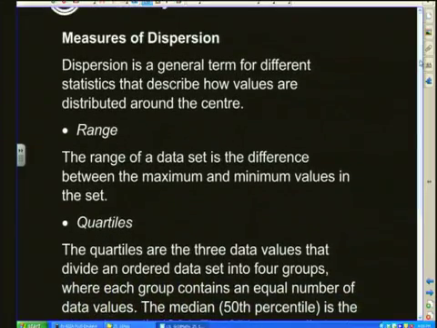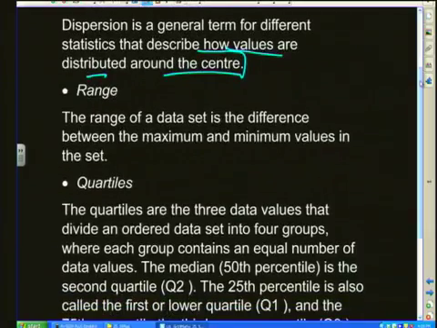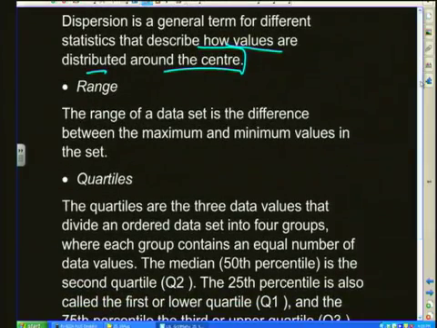All right, moving on to measures of dispersion. Now, dispersion is just a general term for different statistics that describe how values are distributed around the center value, around your measures of central tendency. Okay? The range of a data set is the difference between the maximum and minimum values in the set.